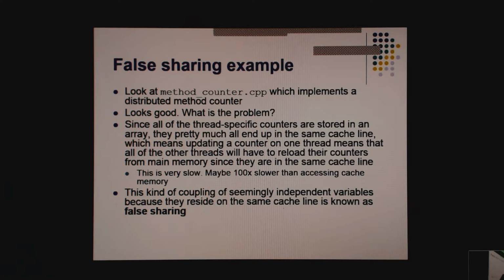This program ran a tenth as fast as it should have run because he thought each thread hit its own counter, and from a program semantics point of view, it did, but from a performance point of view, every thread hit the same counter, because every time they updated their counter, they modified the same cache line holding all the other counters, so all the other threads had to reload the cache line.